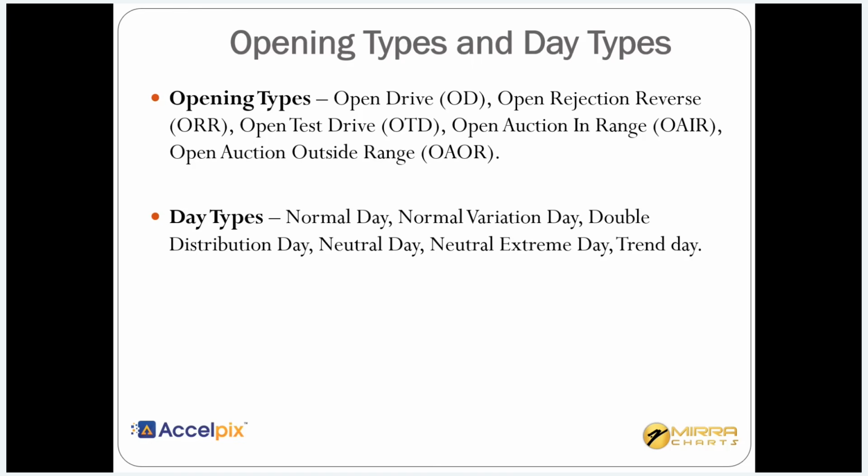If I'm a short-term trader, I need to focus completely on opening types. If I'm a swing trader, I have time to watch the markets, all the ticks, then probably I will look at day types. Those day types will give me the clue what the market is going to do going forward. So we will see the opening types and the day types here.